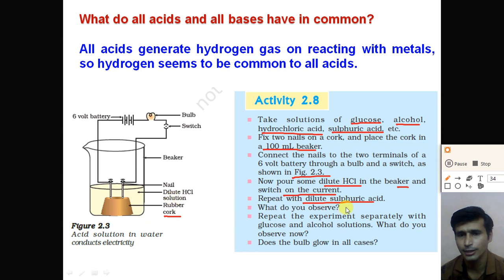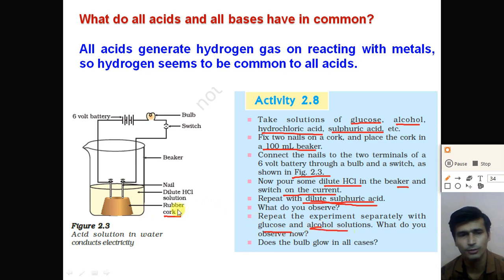Similarly, repeat this activity with dilute sulfuric acid. Put the dilute sulfuric acid in the beaker and switch on. What do you observe? You observe that the bulb glows. Why did this happen? Repeat the experiment with glucose and alcohol.